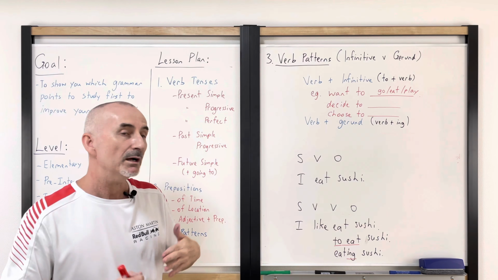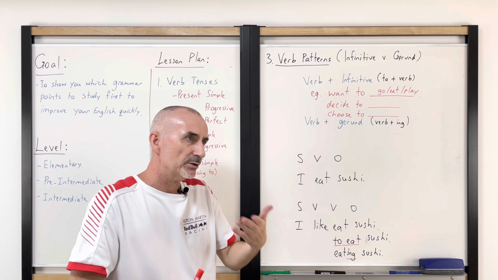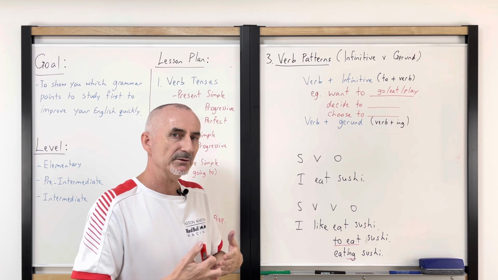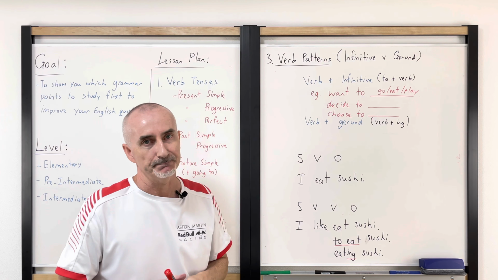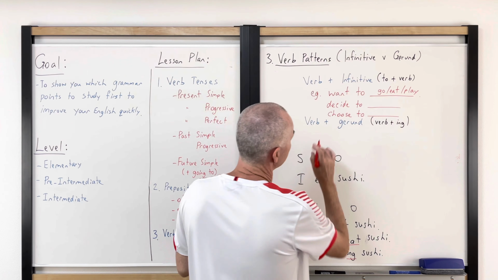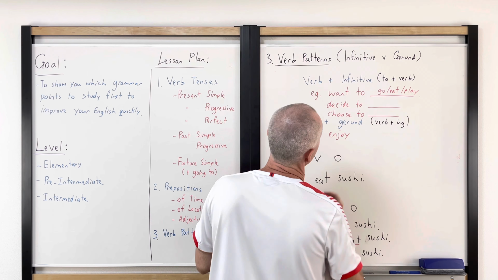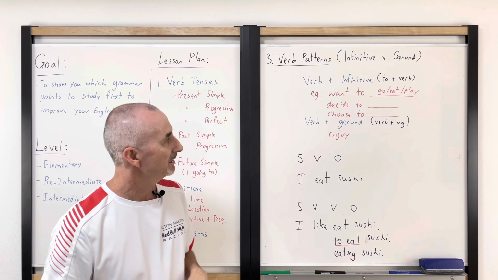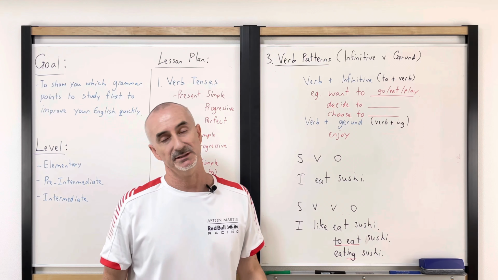Okay, now I think the infinitive pattern with to happens more often. I think there are more daily verbs that use to than ing. An example using ing might be enjoy. Very common mistake. Students say, I enjoy to play soccer. I enjoy to study English.